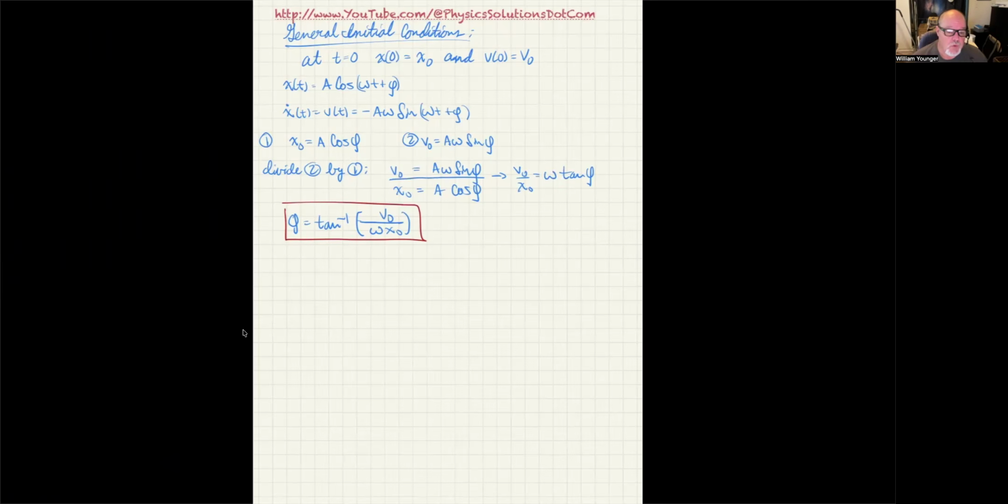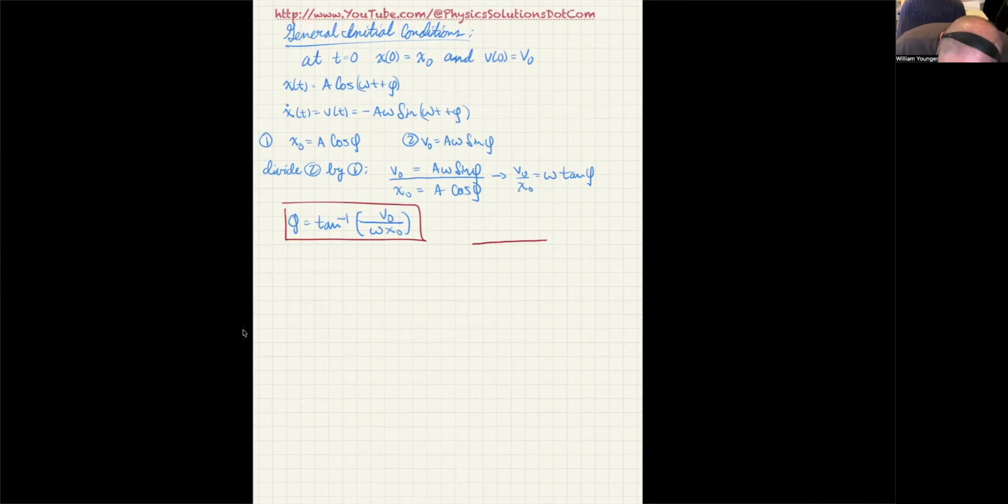And this is more or less like we're doing in example 14.9. And then we still need to figure out what A is, but since we have what phi is, we could actually use that, and we could say, for instance, imagine a triangle that looks like this and has this tangent of phi equal to this quantity. Notice omega times x0 has units of meters per second, so it looks like a velocity, and that's what we're shooting for here.